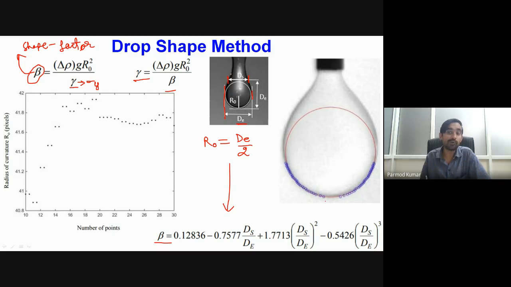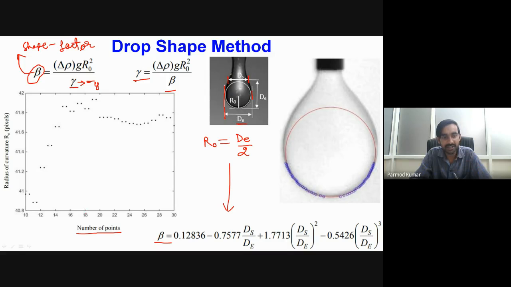Now how do we determine the optimum number of points we should use? By using the number of points on the experimental periphery or experimental picture, a circle has been fitted and its radius R naught is determined. You can see over here this R naught is plotted as a function of the number of points. When you have very few points, there are large variations in the value of R naught.